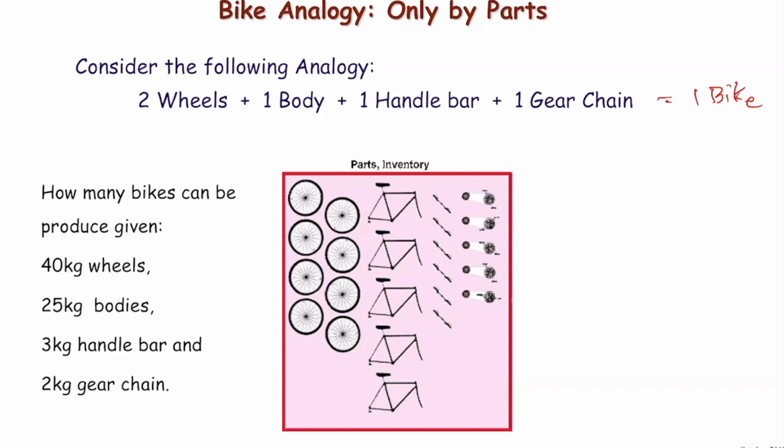Just like in chemistry, you need to know how many molecules, how many moles, before you can figure out how many products you can produce. You can't go with grams. So if I know how much each wheel weighs, then I can figure out how many wheels are in 40 kilograms. If I know how much each body weighs, then I know how many bodies are in 25 kilograms.